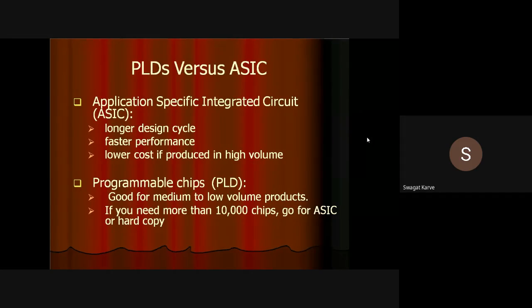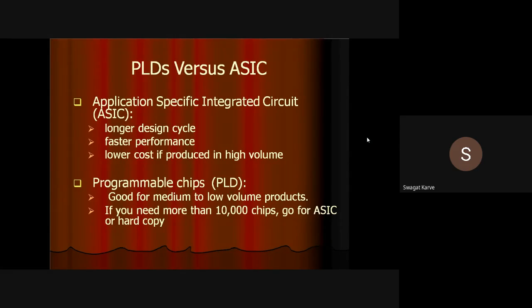That means these PLDs are good for lower volume products. If you want to manufacture a bulk quantity, but still a very limited quantity compared to the ASIC, then you can go for the programmable logic chips. But if you want 10,000 chips, 20,000 chips, 50,000 chips, then you must go for the ASIC, the application specific integrated circuit.